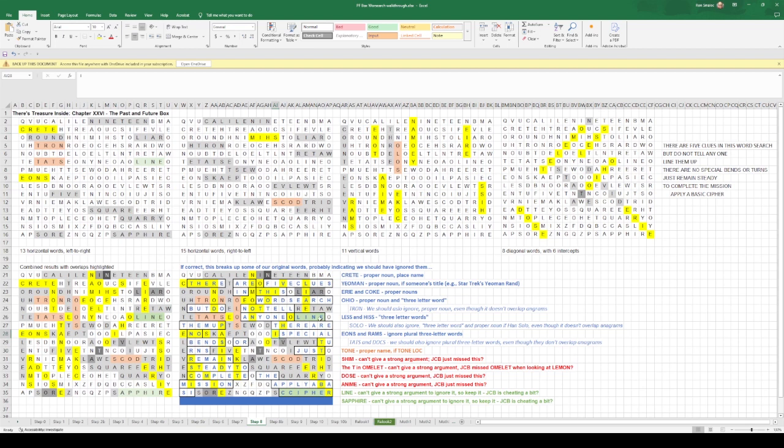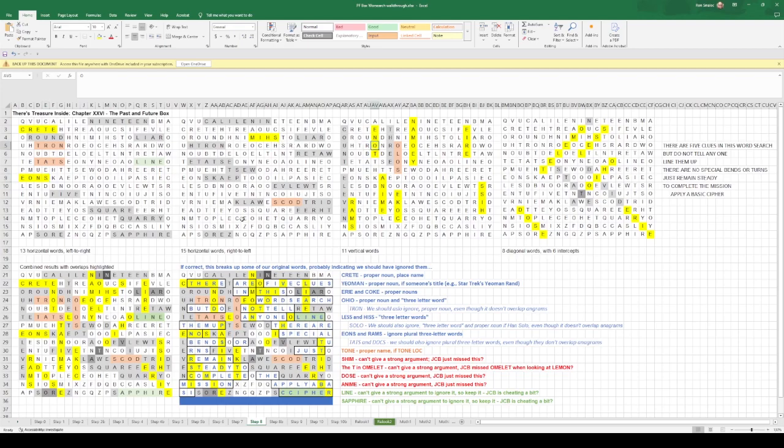Or in the case of line, this was found already intact and it goes into the anagram, so you basically don't rearrange these letters. It's a very strange occurrence of that. And then there are a lot, so words like Crete and eons, shim, these get broken by the anagram.